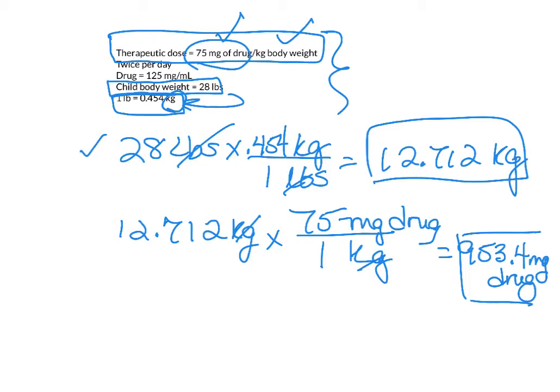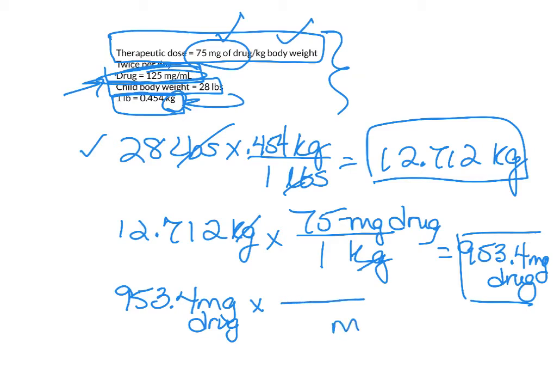All right, so now I have to get the concentration of the drug. The drug has 125 milligrams per milliliter. So I'm going to take the 953.4 milligrams of drug that I determined I need, and I'm going to use this as my conversion factor.